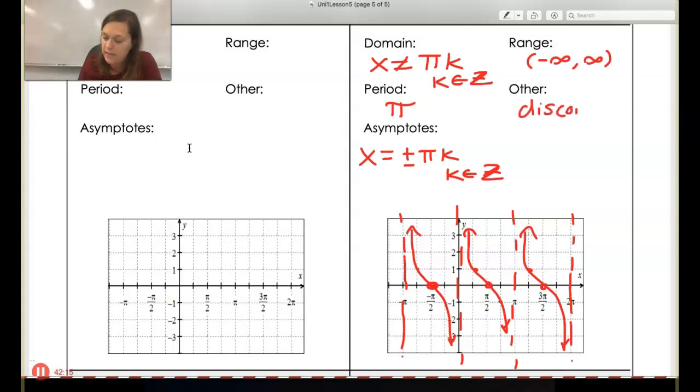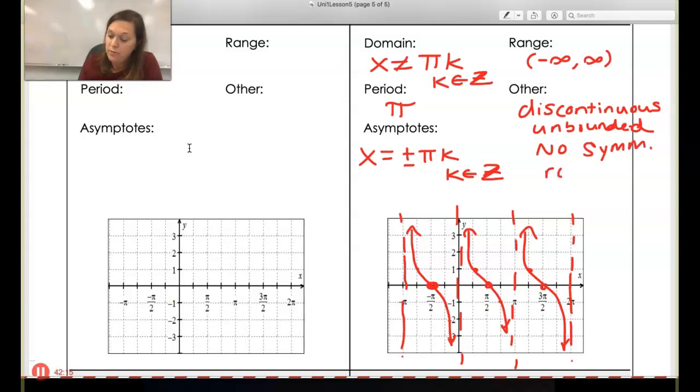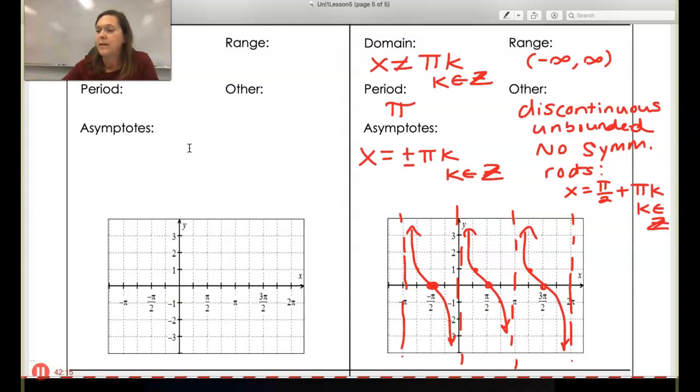Discontinuous, infinite discontinuity, continuous, unbounded, no symmetry. We're not symmetric to the origin anymore. My roots are occurring at x equals 1/2 pi plus pi times k, where k is in the set of integers. Good.